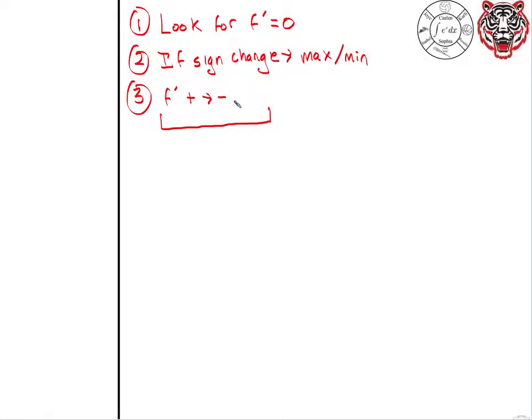Max. Positive to negative, that's a max. And if f prime goes from negative to positive, that implies the other, minimum. Those are the 3 steps over and over for determining extremum.